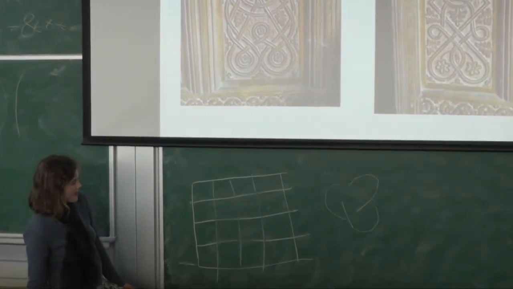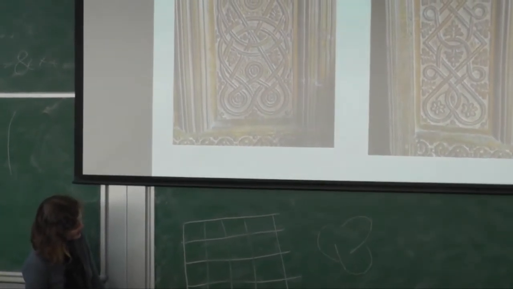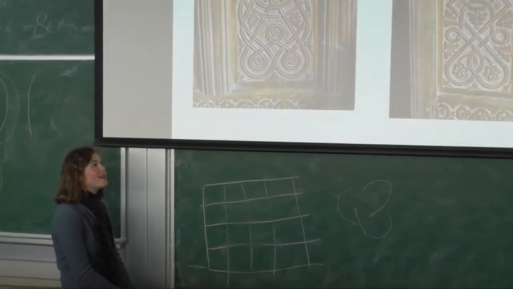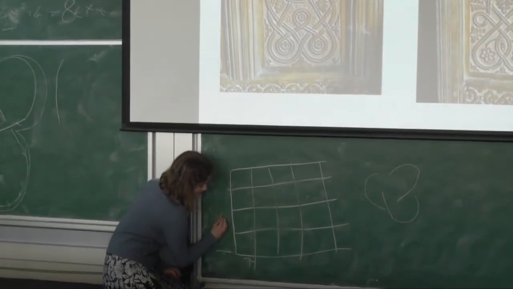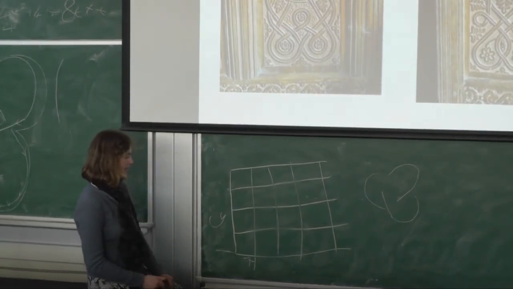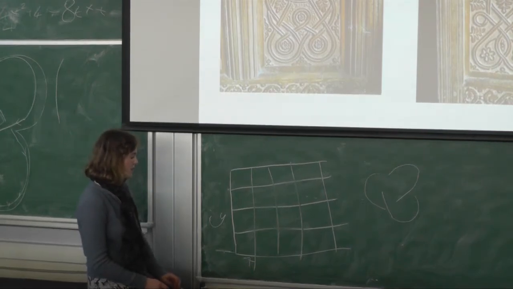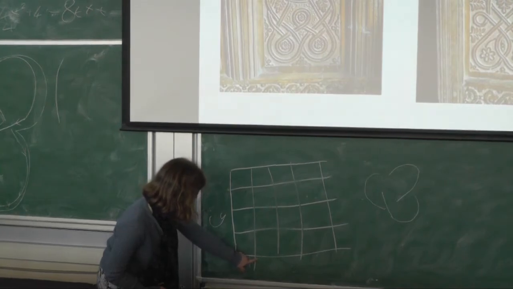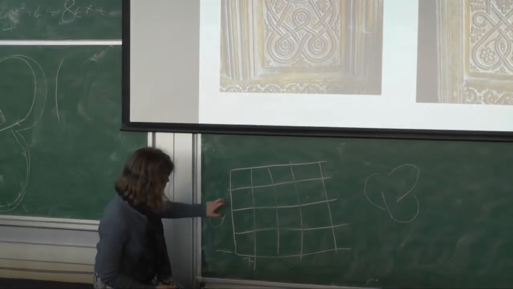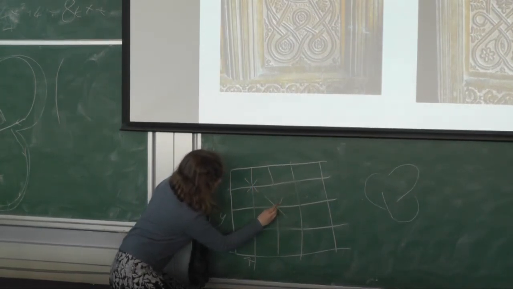It has to be an even grid, and then you place a crossing on every point where the parity of the x and y coordinates don't match. So if x is odd and y is even, or y is odd and x is even. So that's like there and there.